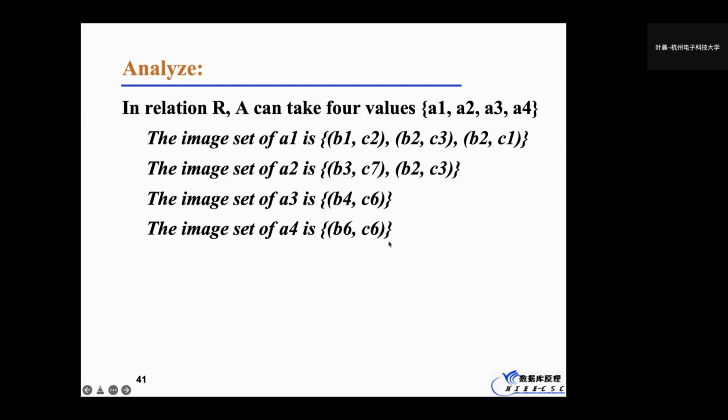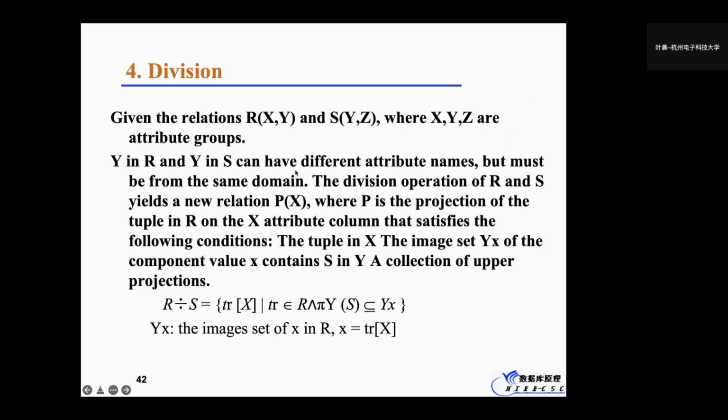And then given the relations R(X,Y) and S(Y,Z), where X, Y, Z are attribute groups, Y in R and Y in S can have different attribute names but must come from the same domain. So the division operation of R and S is a new relation P(X), where P is the projection of the tuples in R on the X attribute columns, which satisfies the following conditions.